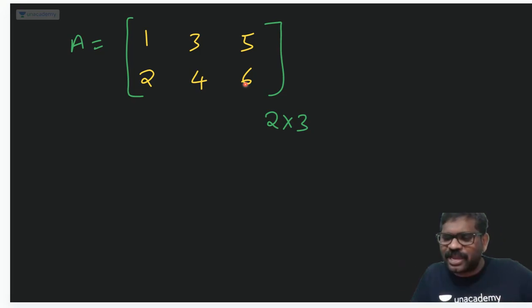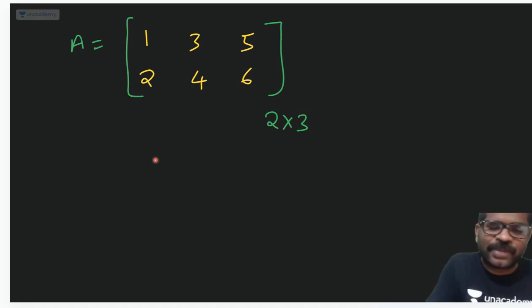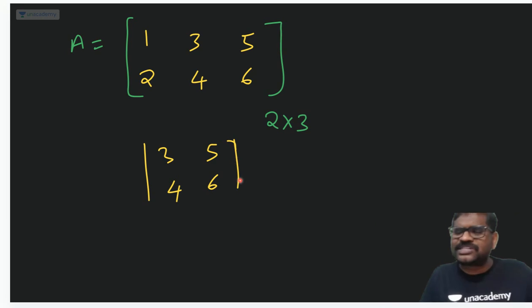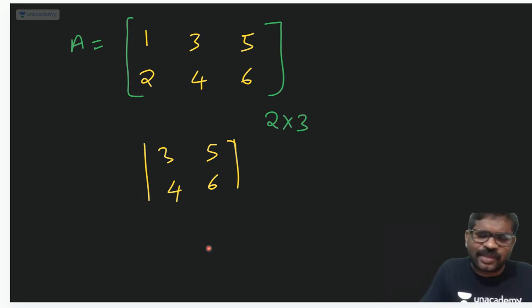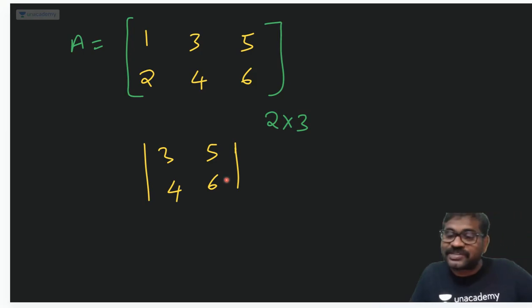By eliminating the first column, you get 3, 5, 4, 6. That is one submatrix. By eliminating the second column, you can get one submatrix. By eliminating the third column, you can get one submatrix. By eliminating the complete first row, you can get one submatrix.